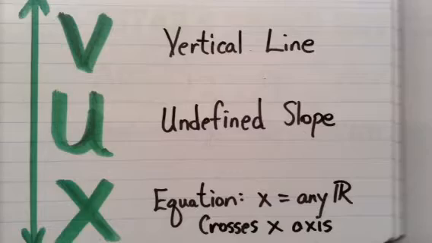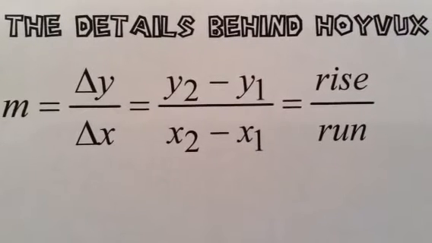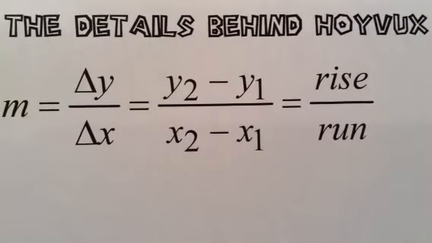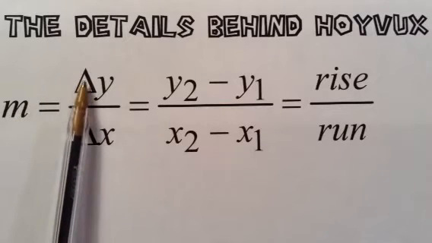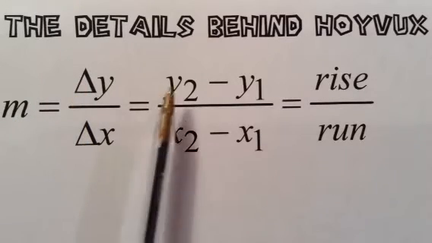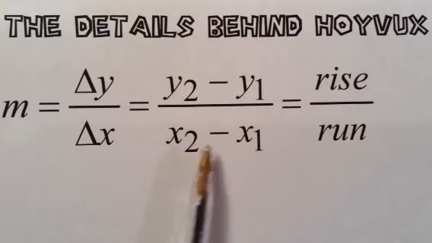But what does all that stuff really mean? So in this video, what I want to talk about are the details behind HOVUX. And you notice that we're talking about the slope. I have various definitions of slope. M is the letter for slope. Delta y over delta x means that we're going to see the change in the y over the change in the x's.